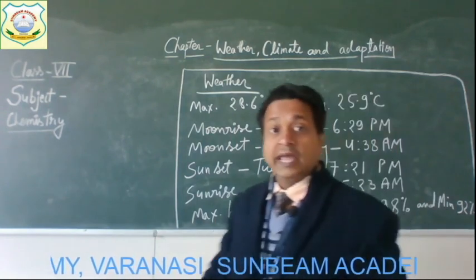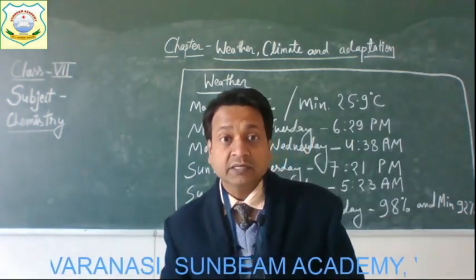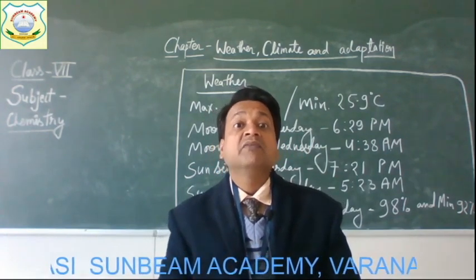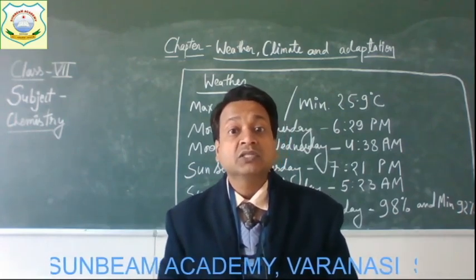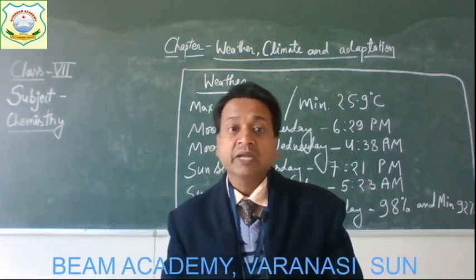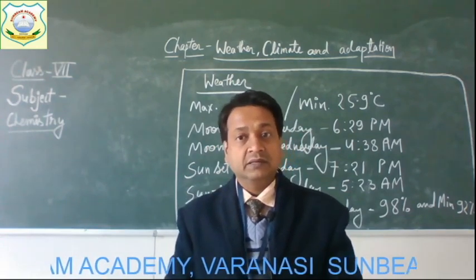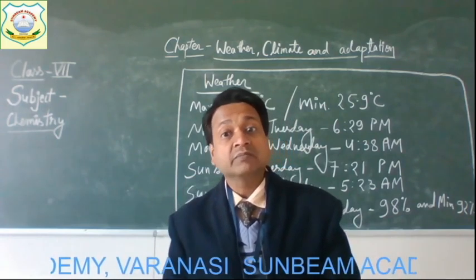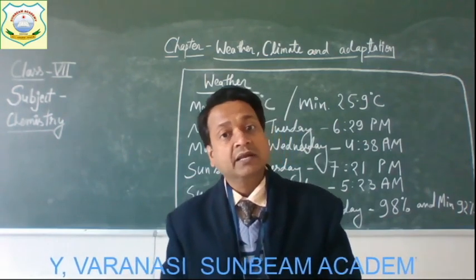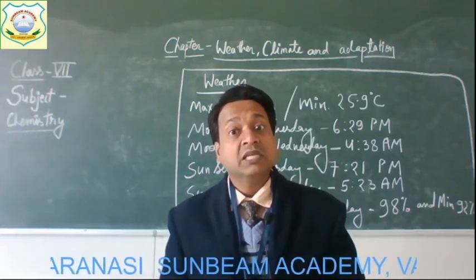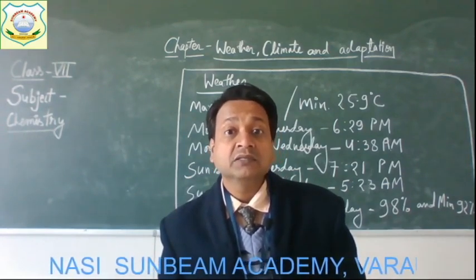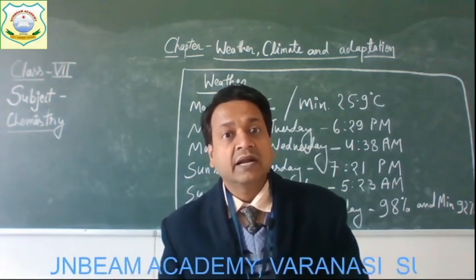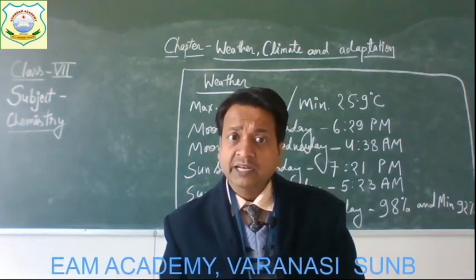After noting these things for 10 continuous days, we will plot a graph showing the change in maximum and minimum temperatures during the period. And we can plot a second graph showing the change in maximum and minimum humidity during that period. So easily we can understand how the weather changes over those days.